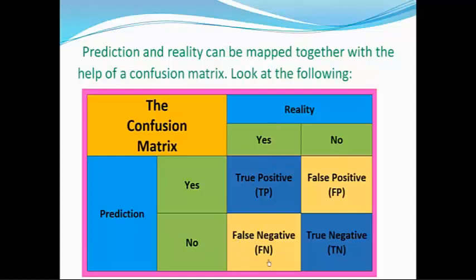So false negative, FN. Last one, when the reality is no and the prediction is also no. Prediction no means negative and both answers are the same. So true. So true negative. So true positive, false positive, false negative, and true negative. This is one example of a confusion matrix.